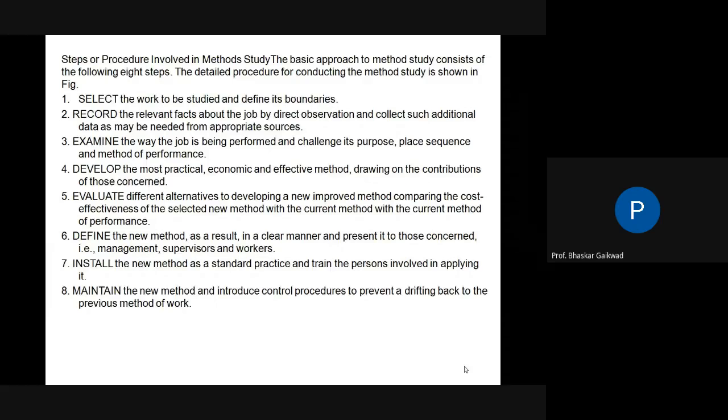Okay, so this recording technique should be observed. Is it possible to change everything logically? You have to get it recorded. Then examine the way the job is being performed, challenging its purpose, place, sequence, and method.